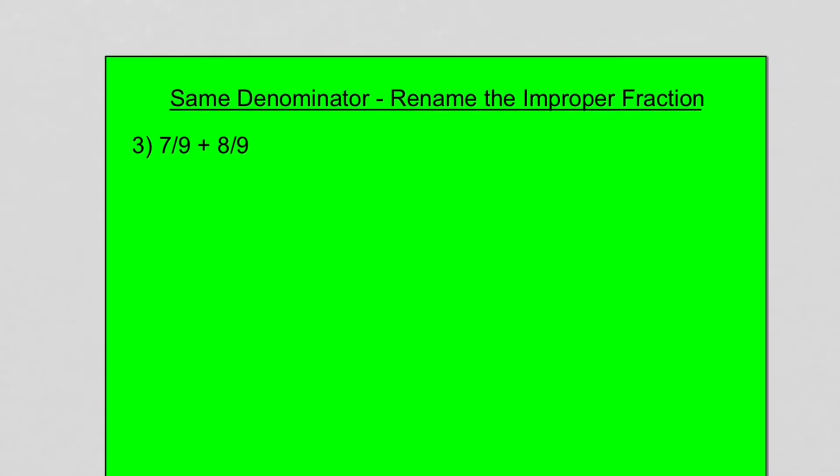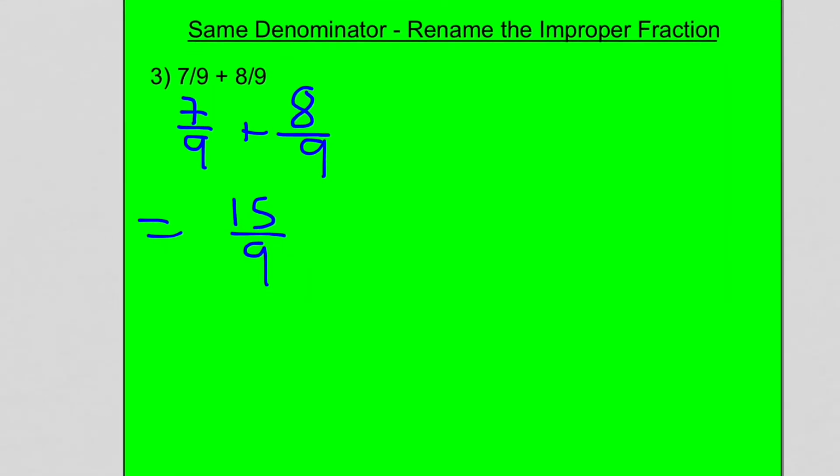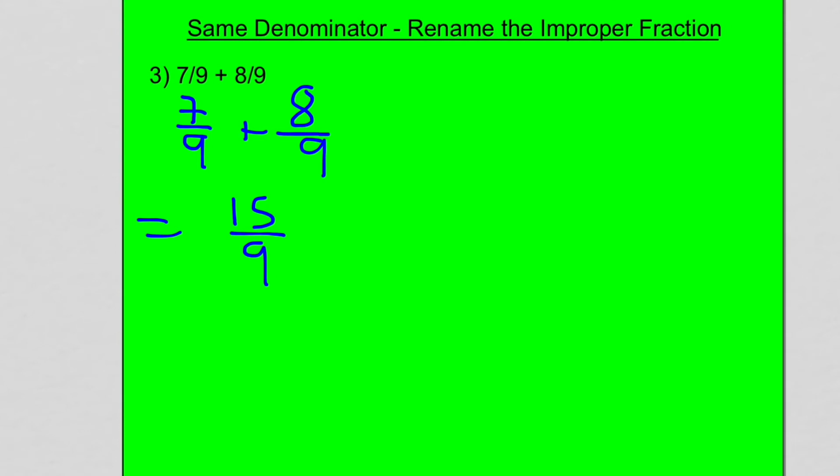Then we have questions where we end up getting an improper fraction that we have to deal with. So I'll look at this example, 7 over 9 plus 8 over 9. We already have a common denominator of 9, so we add up 7 and 8. That's 15 over 9. We have an improper fraction. I'm going to check if it's in lowest terms first, and I know I can divide the numerator by 3 and the denominator by 3.